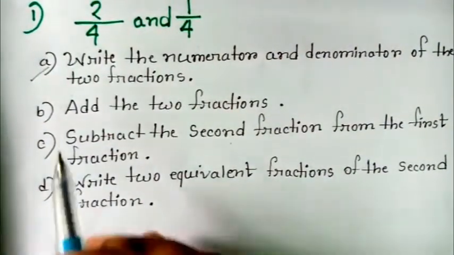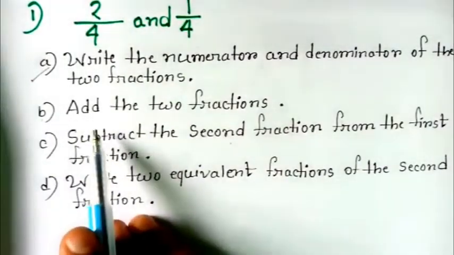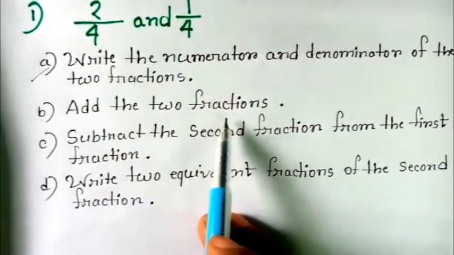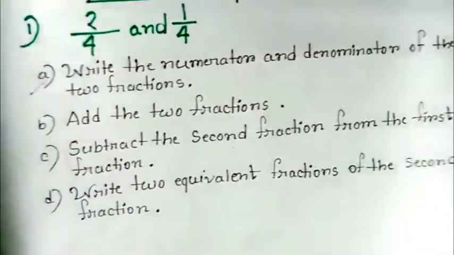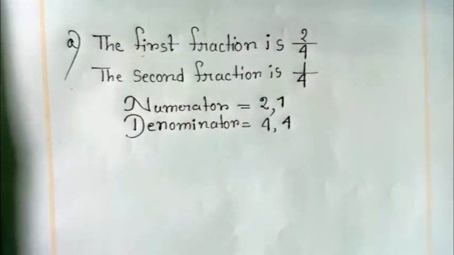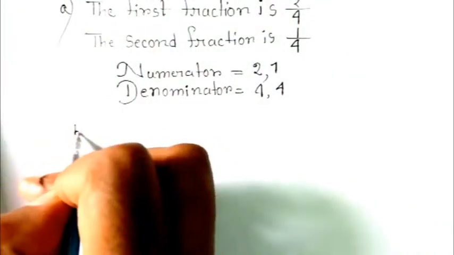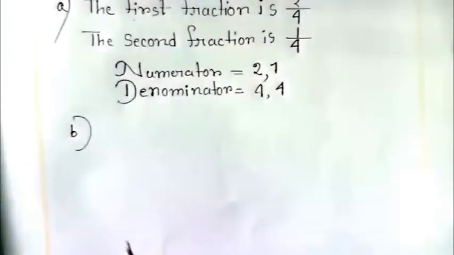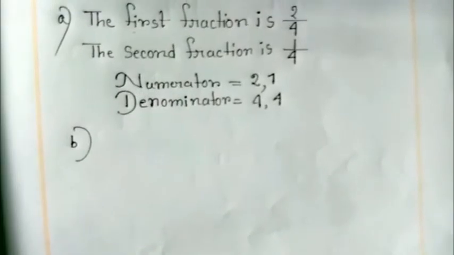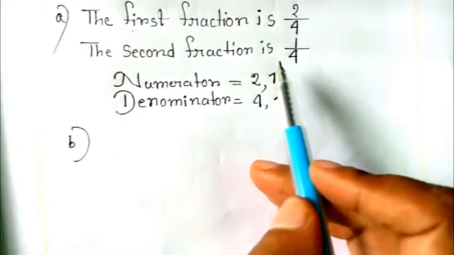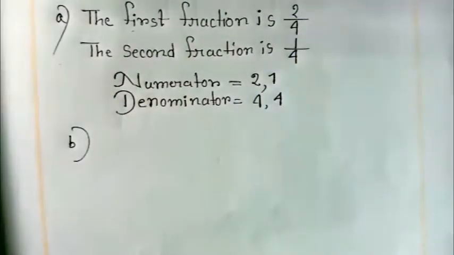Now let's solve B. Add the two fractions. So the first fraction is 2 by 4 and the second fraction is 1 by 4.